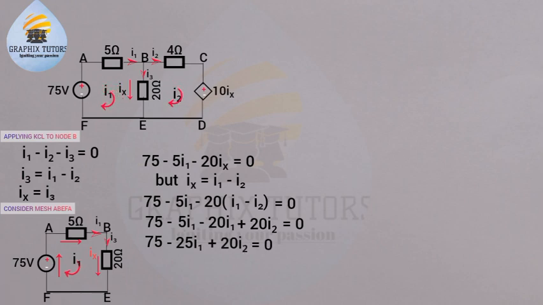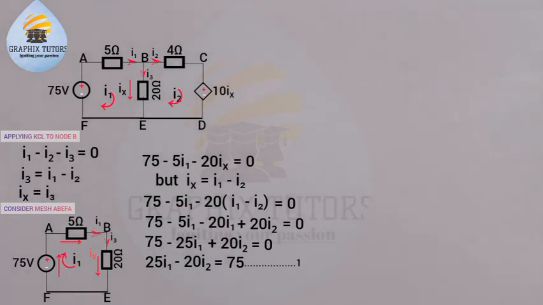Now if I take minus 25I1 and plus 20I2 to the other side of the equation sign, I'm going to have 25I1 minus 20I2 equals 75. Because when you take your positive 20I2 to the other side, it becomes negative, and when you take your negative 25I1 to the other side, it becomes positive. So I'm going to term that my equation 1.